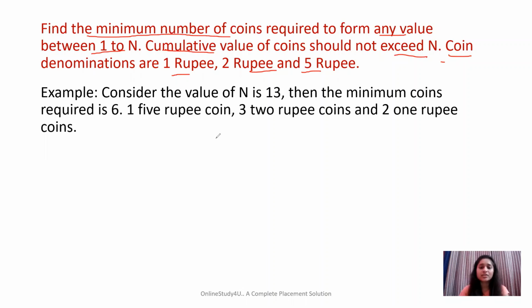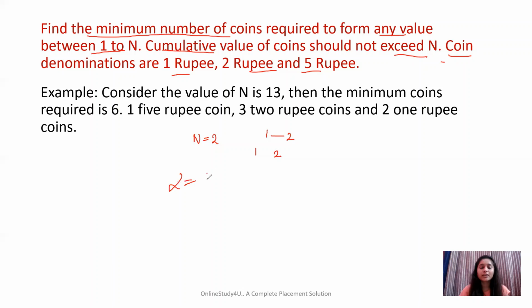Let's understand this question a little better. To start, we can take n equals 2. Now we need to find the minimum number of coins so that we can form any value between 1 to 2, that is 1 and 2. What can be one of the minimum coin structures?